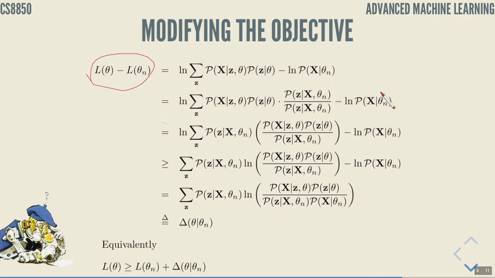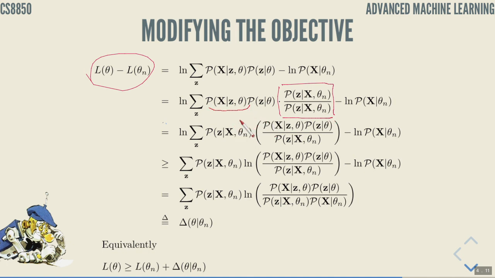Okay, now without introducing any changes to the equation, let's multiply our joint log likelihood marginalized over z, the latent variables, by 1, namely by the posterior of z at theta n divided by the posterior of z at theta n. Then, after we do that, we can rearrange the equation.